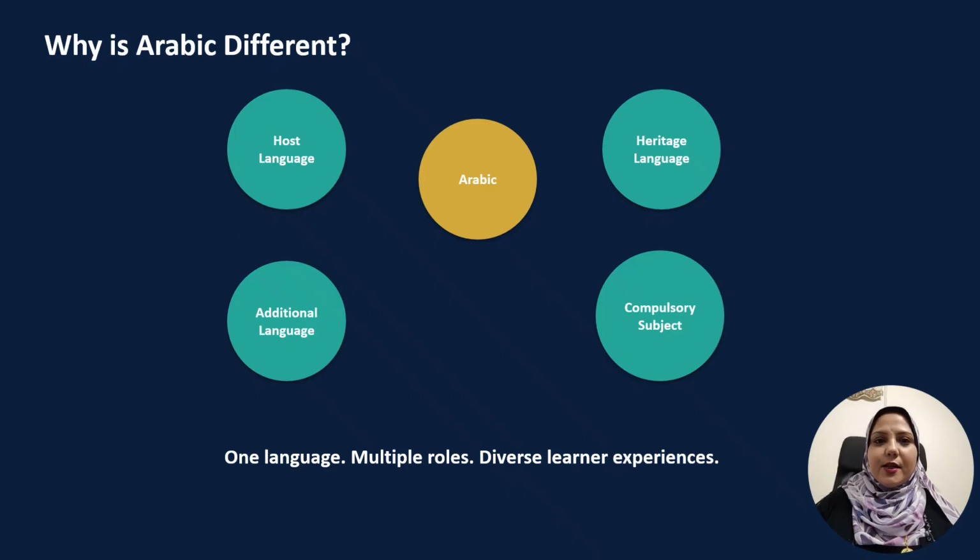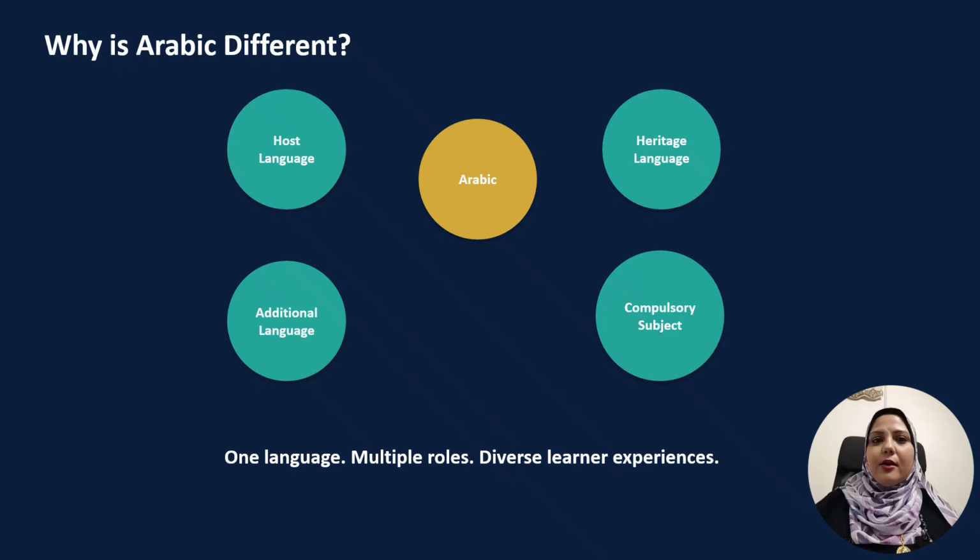Before introducing the learner-language relationship framework, it's important to understand why Arabic represents a unique case in international education. Unlike many other languages taught in international schools, Arabic can play several roles simultaneously.